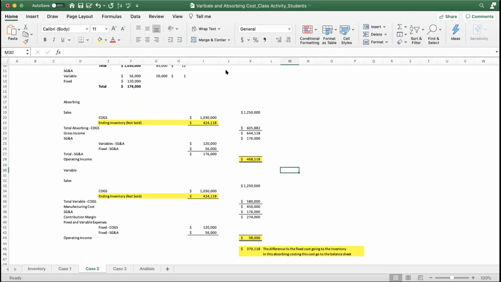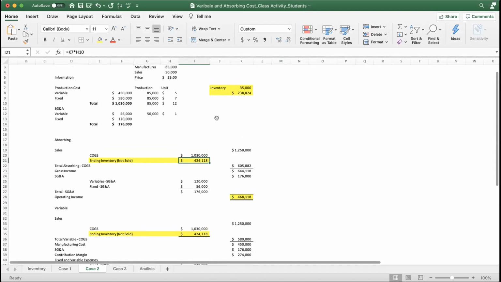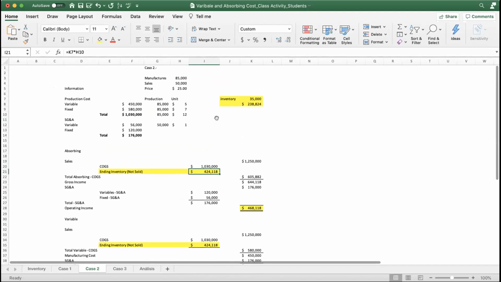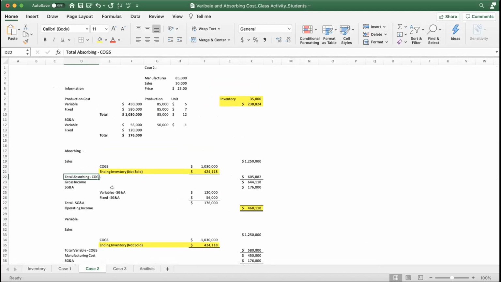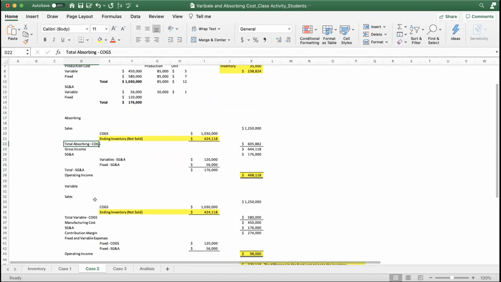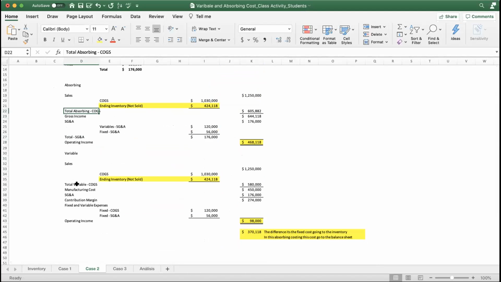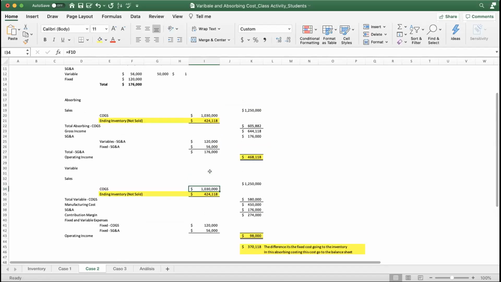Okay, so look at the variable costs. The variable method, right? So in the variable method, look at the cost of goods sold and tell me what do you think is wrong with that?